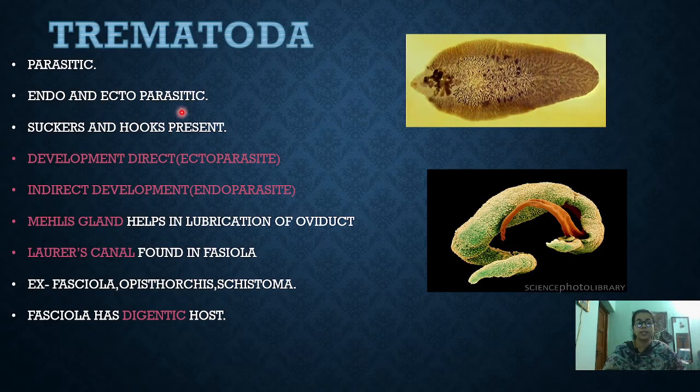And obviously suckers and hooks will be present as they have a parasitic mode of life. Development is of two types, direct and indirect. Direct means they directly form the young one. Indirect means a larval stage will be present. Direct development is seen in ectoparasites as they live outside the body of the host, but indirect development, in which many larval stages are seen, occurs in Fasciola hepatica.